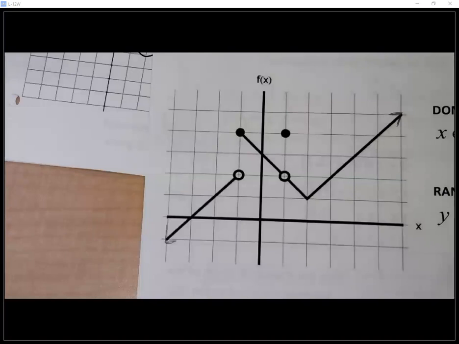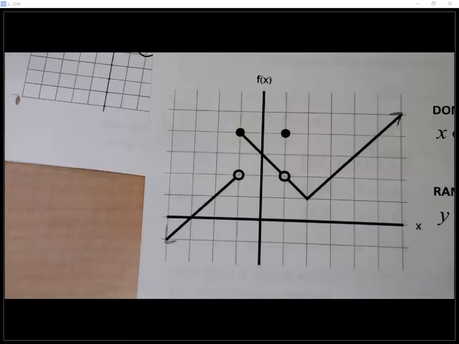Okay. So what does that mean in terms of my domain? It means I can plug in whatever I want. The domain is all real numbers. I have everything represented here. There were no gaps. This graph exists over the entire coordinate plane along the x-axis. Does that make sense? Okay.